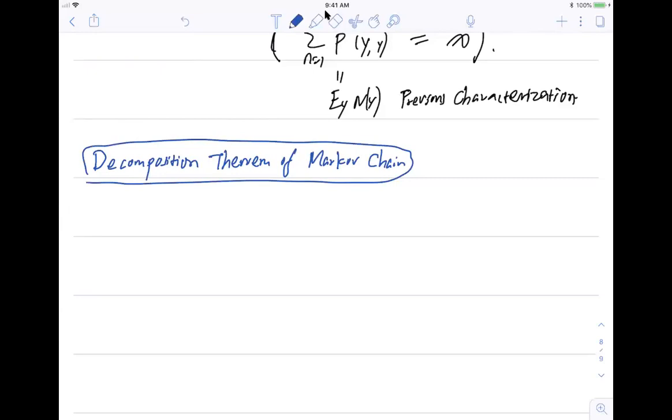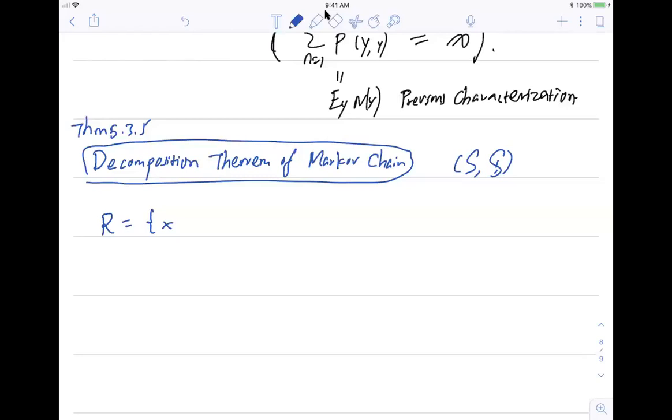Okay, so this theorem, 5.3.5, says the following. Let's choose again the space on which the Markov chain is sitting.